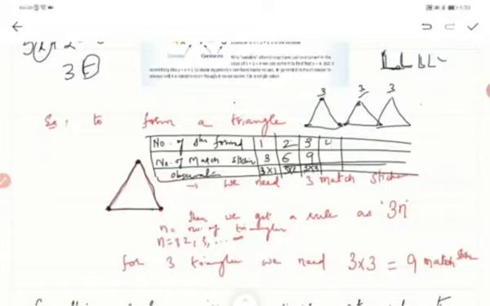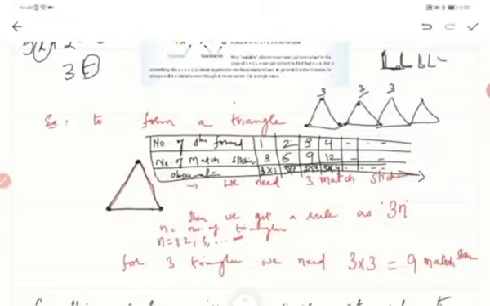For 4 triangles, I will need 12 sticks, isn't it? 12 matchsticks. So this means 3 into 4, it will give you 12. And so on.